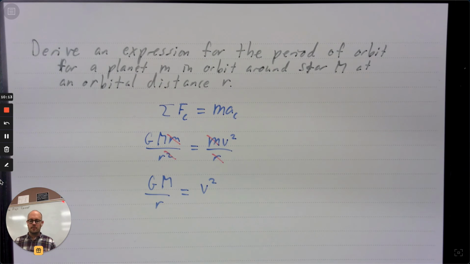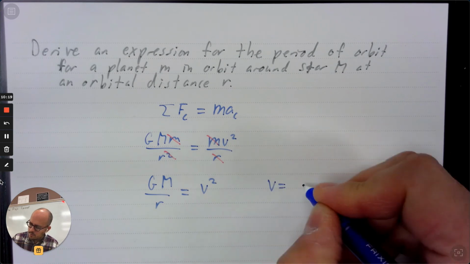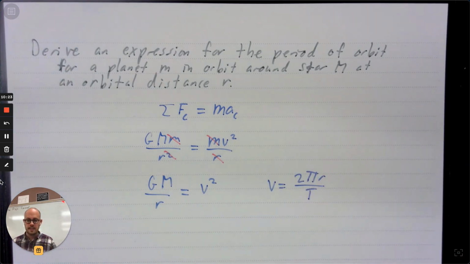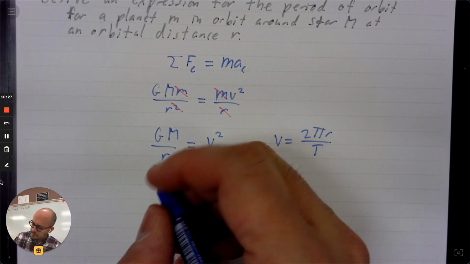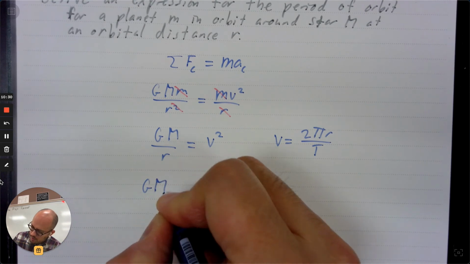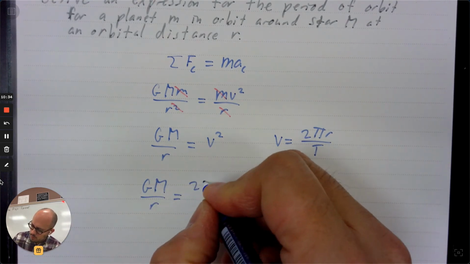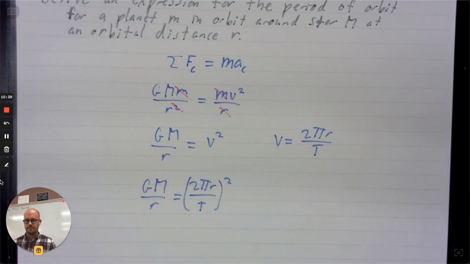The thing we're going to do differently is understand that if it's moving in mostly circular motion, the speed is equal to 2 pi r over T. So we're going to substitute into this equation. I have GM over r equals 2 pi r over T, squared.